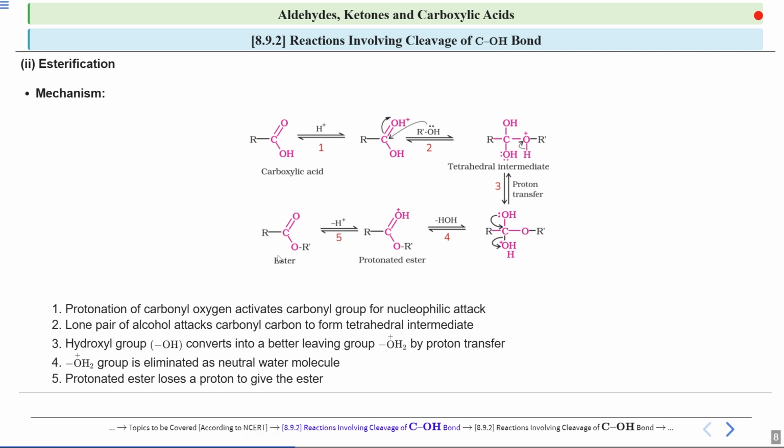So this deprotonation stabilizes the ester and completes the reaction. So this results in a stable ester molecule, which is often used in applications like perfumes and flavorings. So this is the process of esterification, how from carboxylic acid, by reacting it with alcohols or phenols, you get an ester.